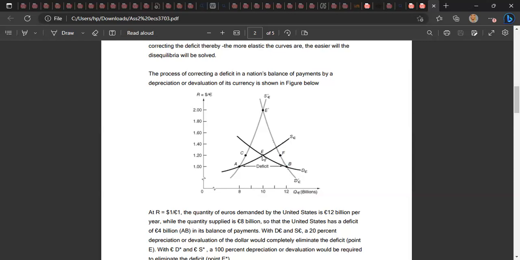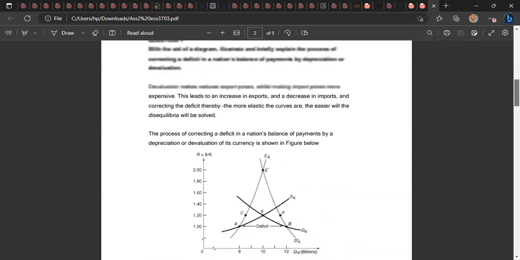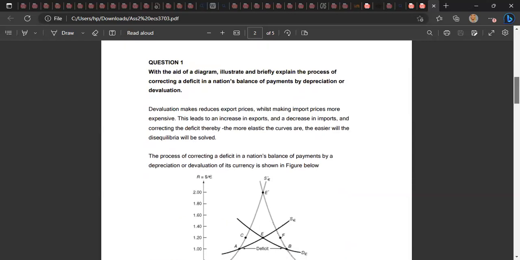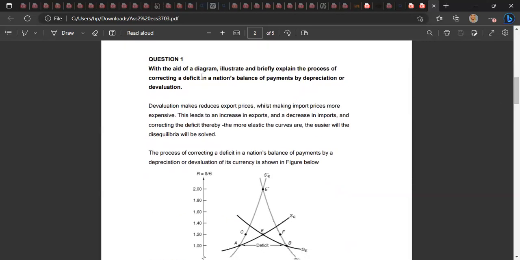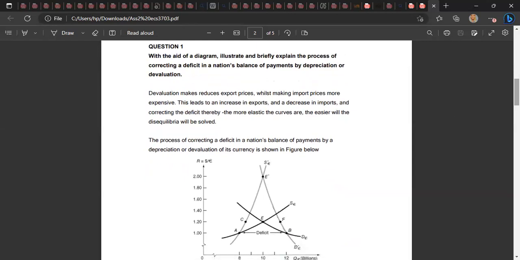Generally speaking, we can't say a deficit is better than a surplus or a surplus is better than a deficit. We prefer this diagram because of the way the question is structured: we are simply correcting a deficit. When you correct a deficit, you are not going for a surplus, you are simply going for an equilibrium. Which is why point E is very important.